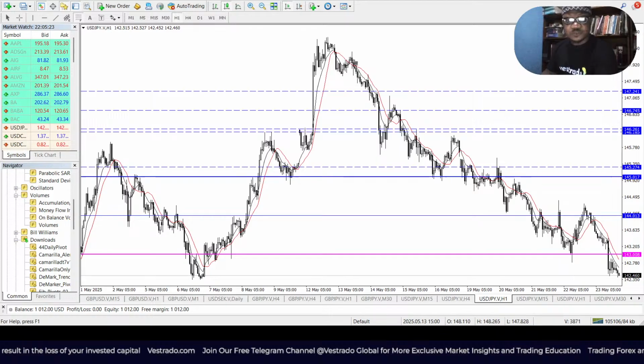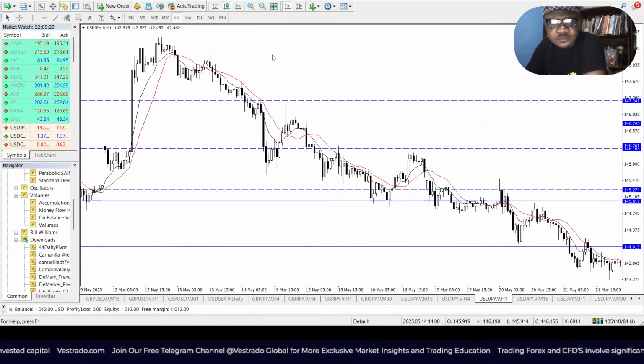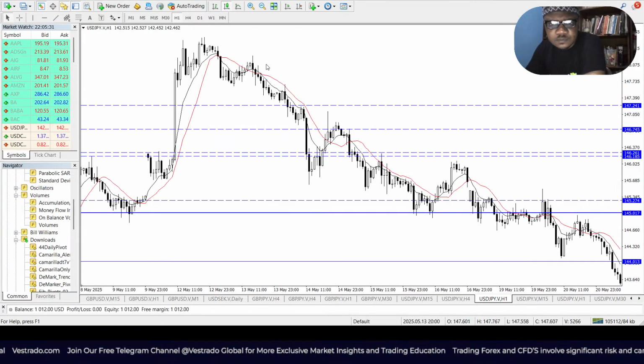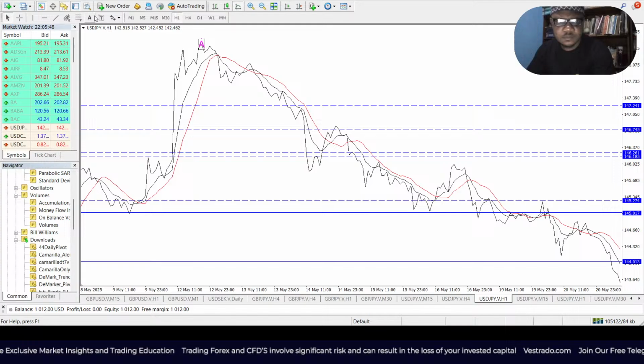We can see this active trend right here. So if we try to zoom in and mark the waves, the major waves, say A, give this guy B, if the waves are not clear, you could switch to line chart.